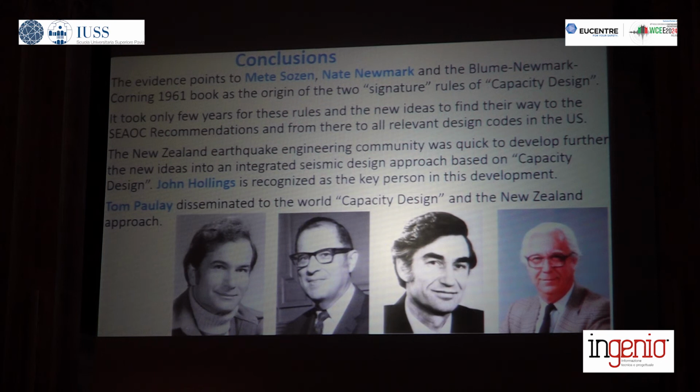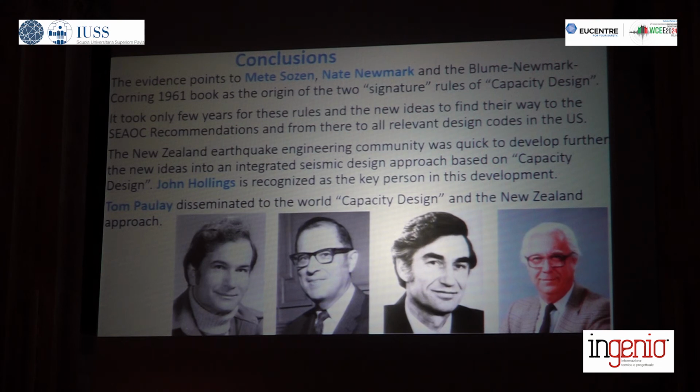Then Tom Paulay brought these ideas to Europe and was instrumental in their incorporation in European codes. So this is what I understand now for the story.